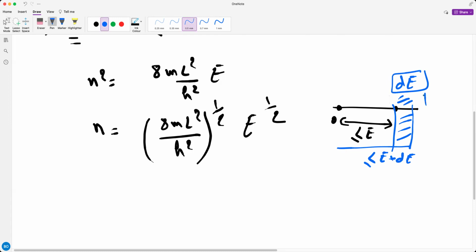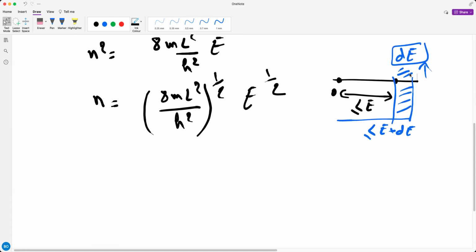If I can calculate the number or the density in this dE, I can use it to integrate later to calculate the total number of electrons, the total number of energy states from one energy level to the other energy level, etc.